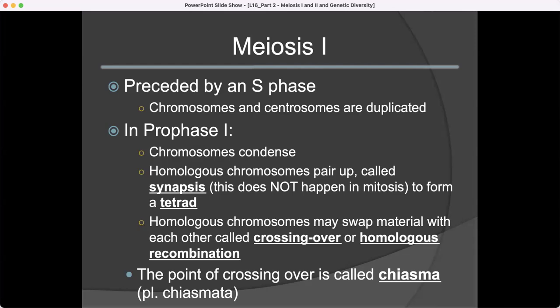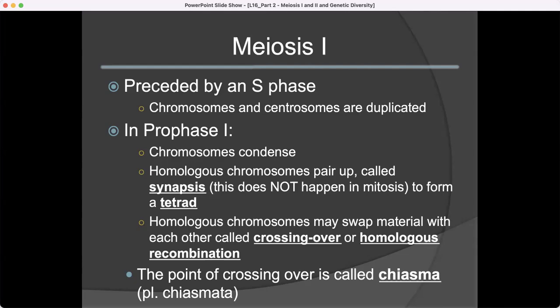called a tetrad. Remember, we have our DNA being copied, so that means that we have our dad's original copy of chromosome 1, for instance, and we also have chromosome 1, our mom's original copy. Because these chromosomes contain similar genetic information, they are going to be held in close association with each other. This forms a tetrad.